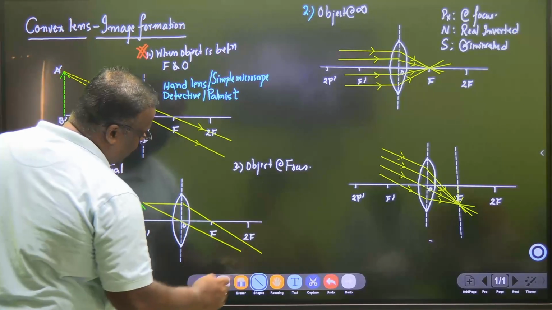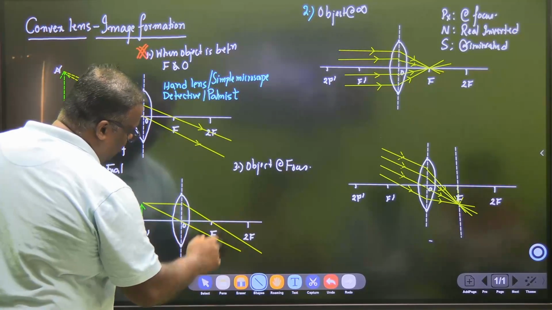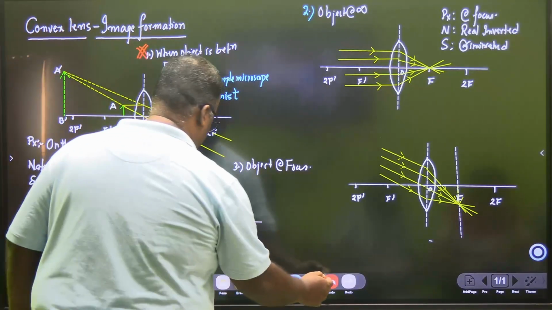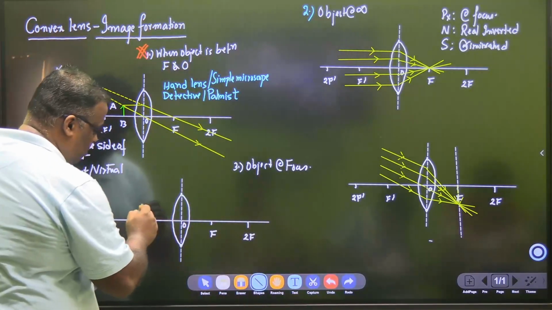Children, draw your diagram in such a manner that the rays appear parallel. So I've understood my mistake.